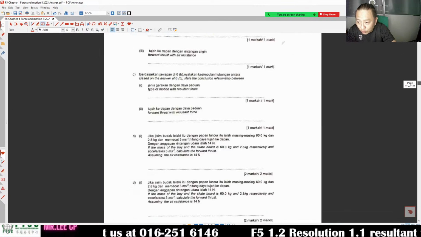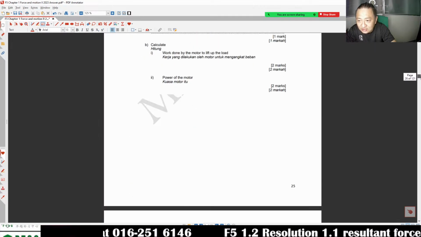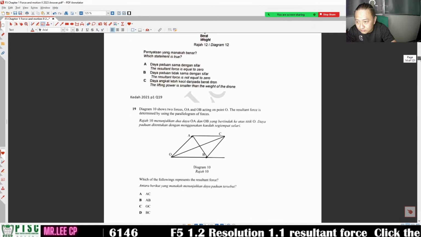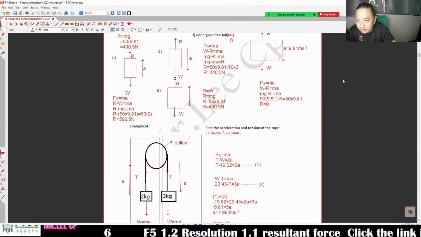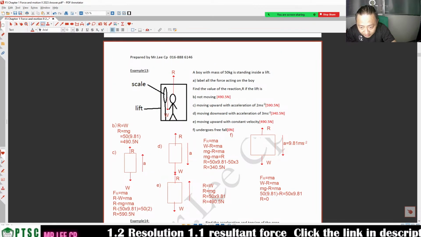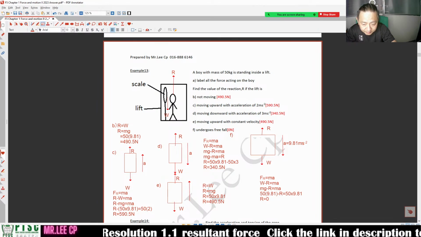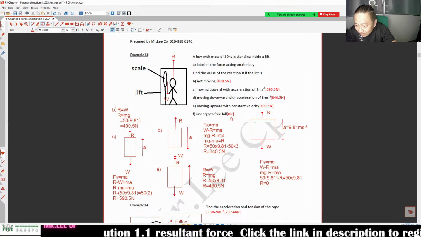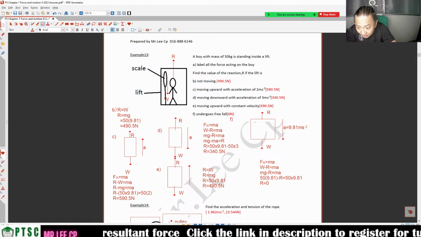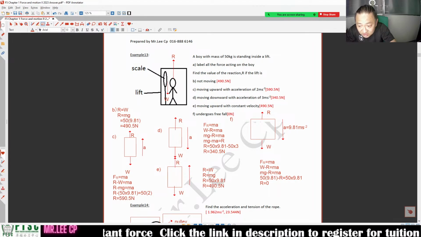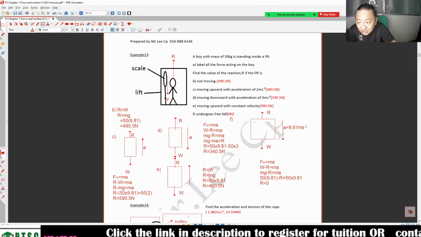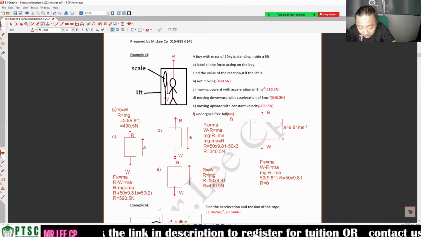Moving up with constant velocity, up and down, still the same. When you see the words constant velocity, it means the resultant force is equal to 0.